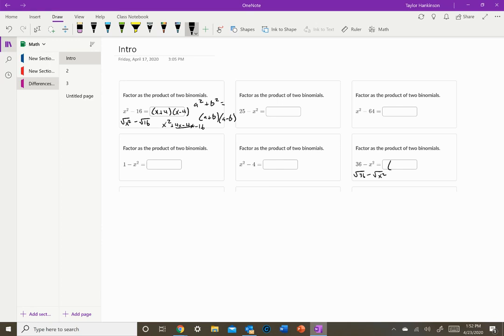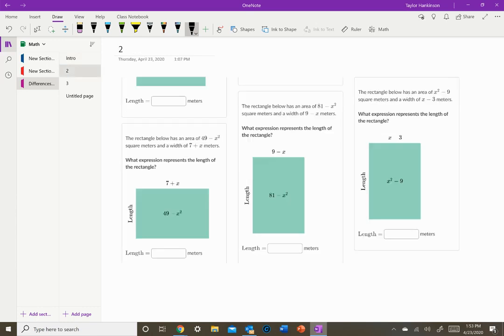The square root of 36 is 6, and the square root of x squared is x, because x times x is x squared. So I'm going to have 6 minus x and 6 plus x, and I can multiply these together to get my answer there. Those are the first ones.